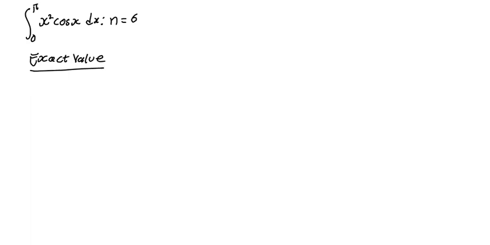Using integration by parts, I'm going to choose which of these is going to be my u and which is going to be my dv. LIATE guides us in choosing our u. In this case, the algebraic function comes before the trig function, so that's the one we choose as our u.